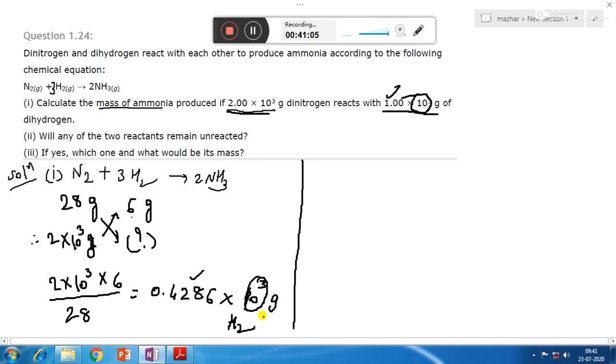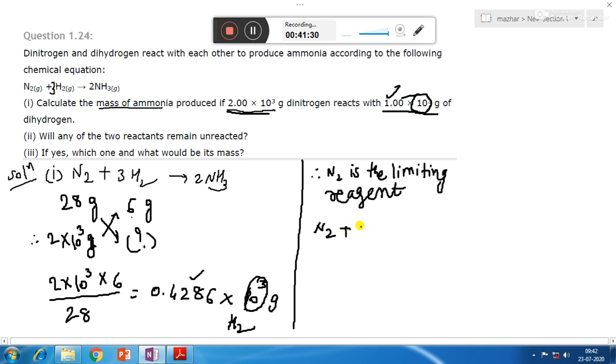That means hydrogen is in excess, so in that case limiting reagent will be nitrogen. So therefore nitrogen is the limiting reagent. So that means the amount of ammonia formed will depend upon nitrogen.